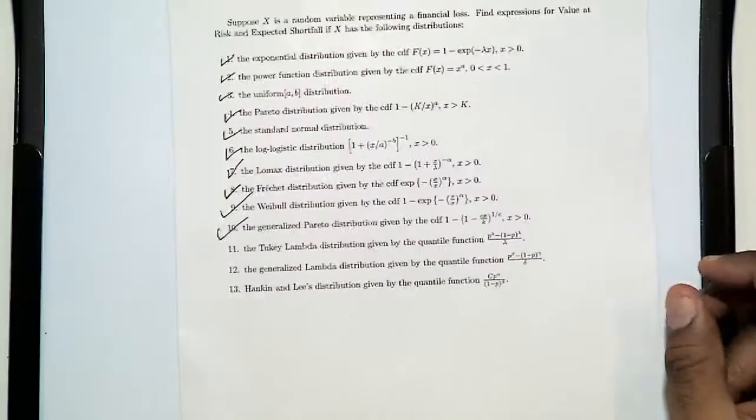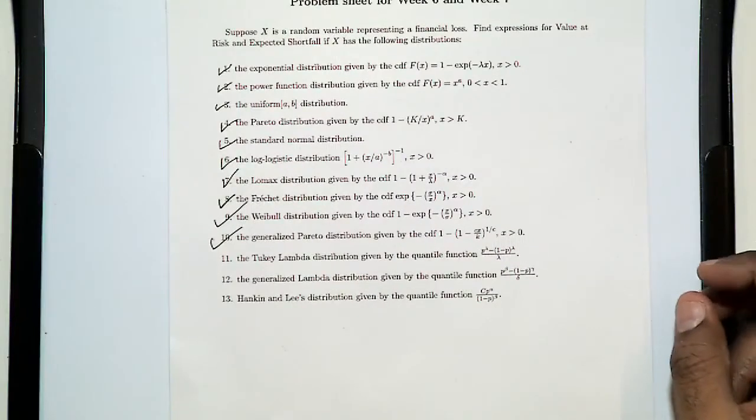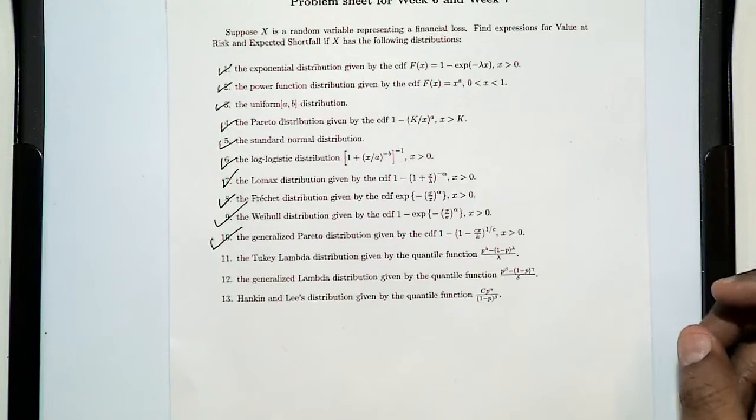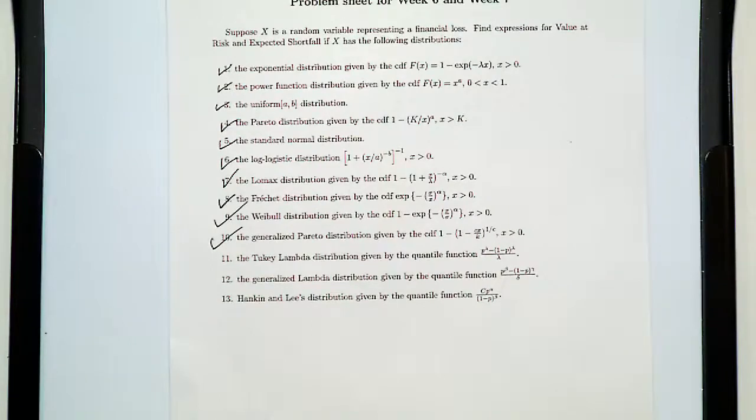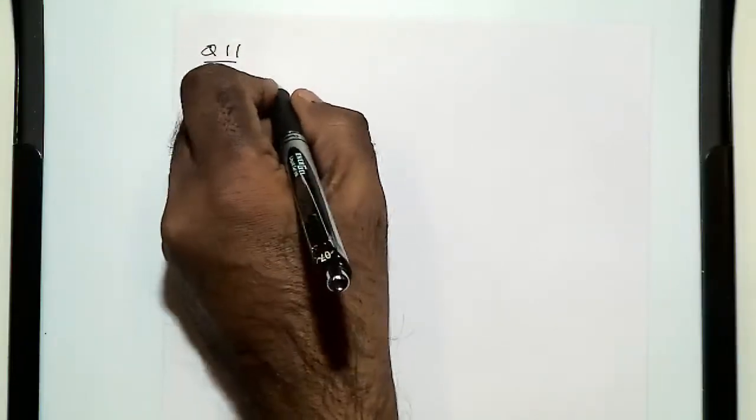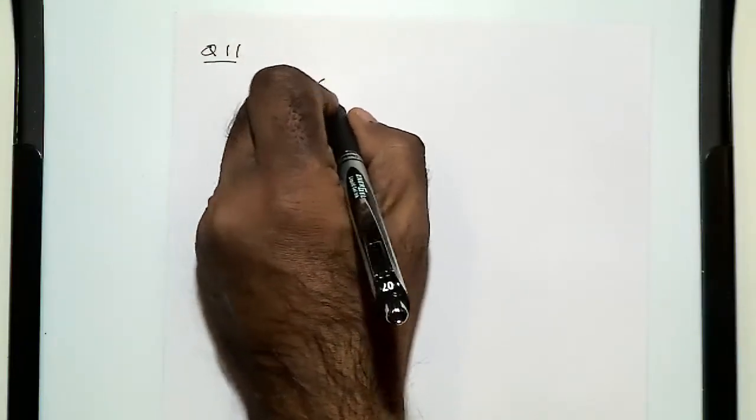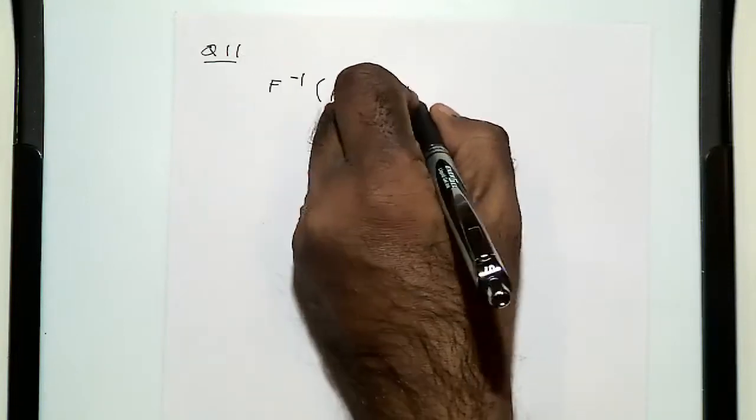So this is question 11. Question 11 is, you are given the quantile function, which means, remember the quantile function is basically the inverse function of the CDF. So you are given F inverse of p as this.